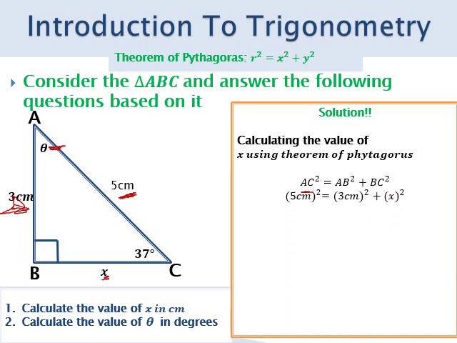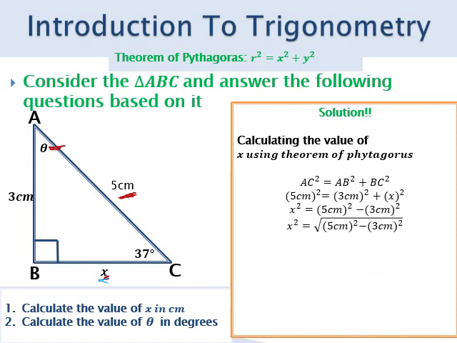Okay, now from here it's a matter of substituting, right? We know that AC is 5 centimeters, and we also know that AB is equal to 3 centimeters, and that BC is equal to that X. Then you substitute according to those values that you have there.